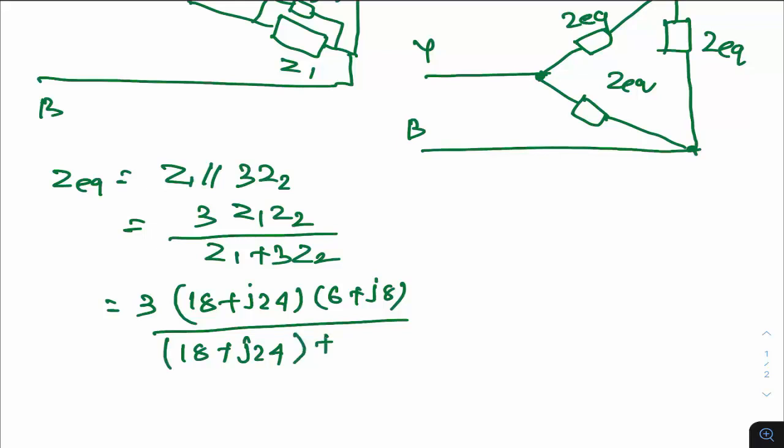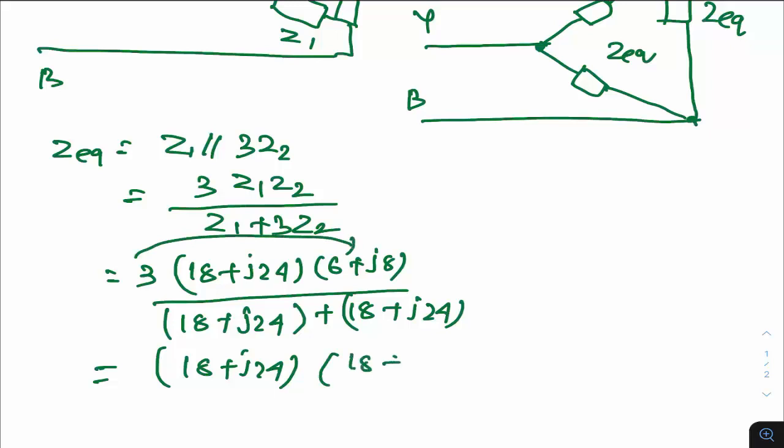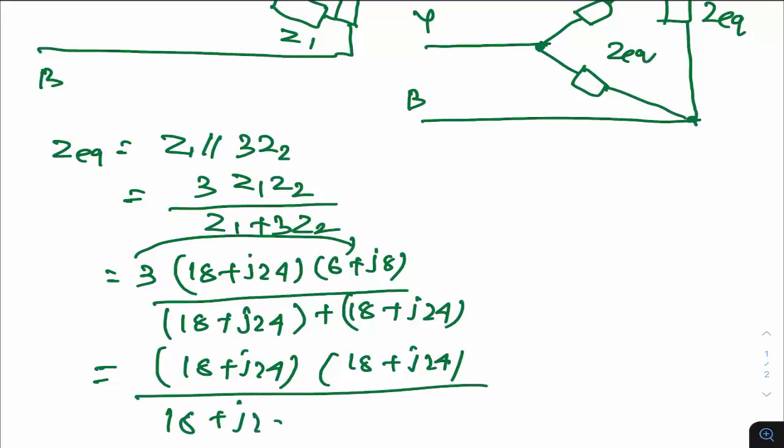If you multiply 3 with this, it becomes 18 plus J24. So this is equivalent to 18 plus J24 divided by 18 plus J24 plus 18 plus J24.